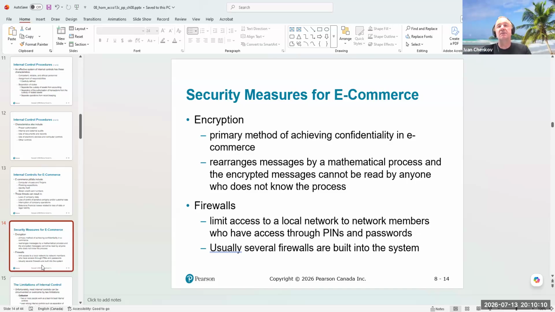A firewall will limit access to the local network to only the network members. For example, Douglas College has firewalls, which simply means that in order to use the Wi-Fi in Douglas College, you need to have access to that Wi-Fi, which is given through your account and your password.